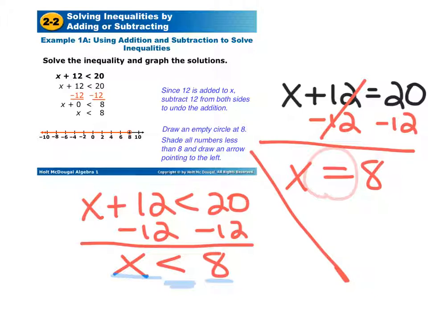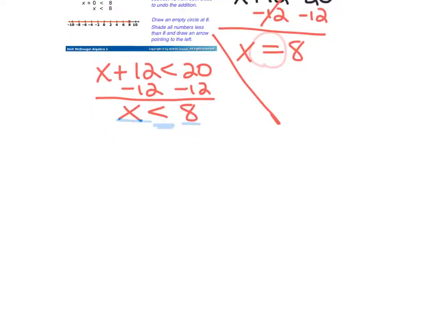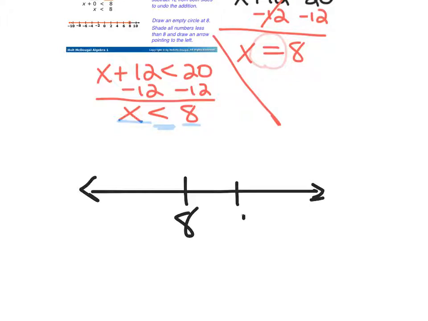Now, this question also said to graph it. So if I were to create a number line here, and I'm not going to start at 0, I'm just going to put the number I'm trying to graph right in the center, and then I'm going to give some numbers on either side of it. Notice how it's in sequential order. It goes up 6, 7, 8, 9, 10.